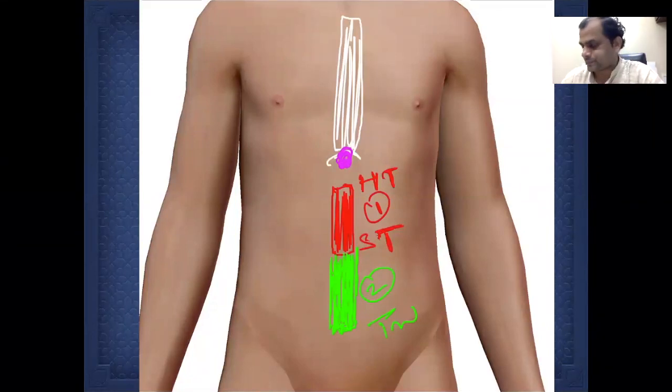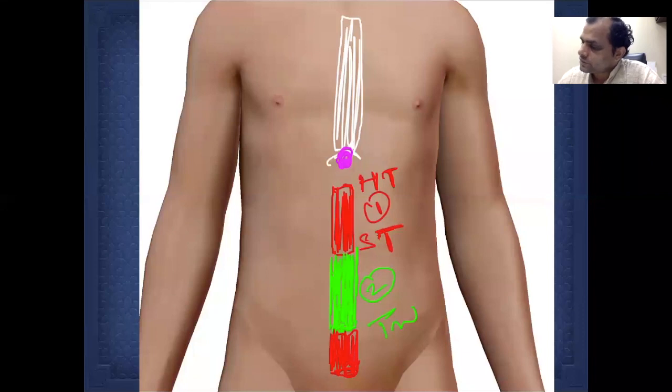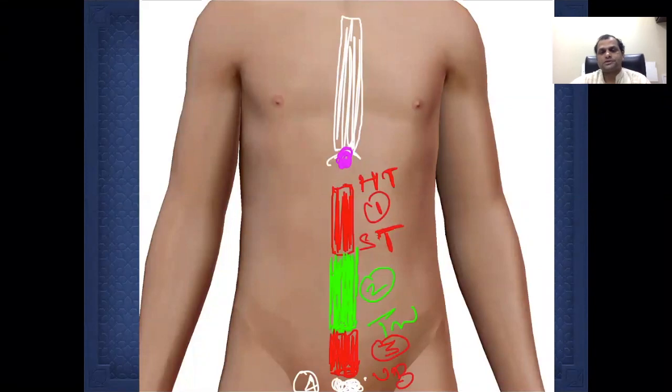Now from the triple warmer till the UB channel, this is the UB channel. This is area number 3. And below the UB channel, this is area number 4. So we got 4 areas.